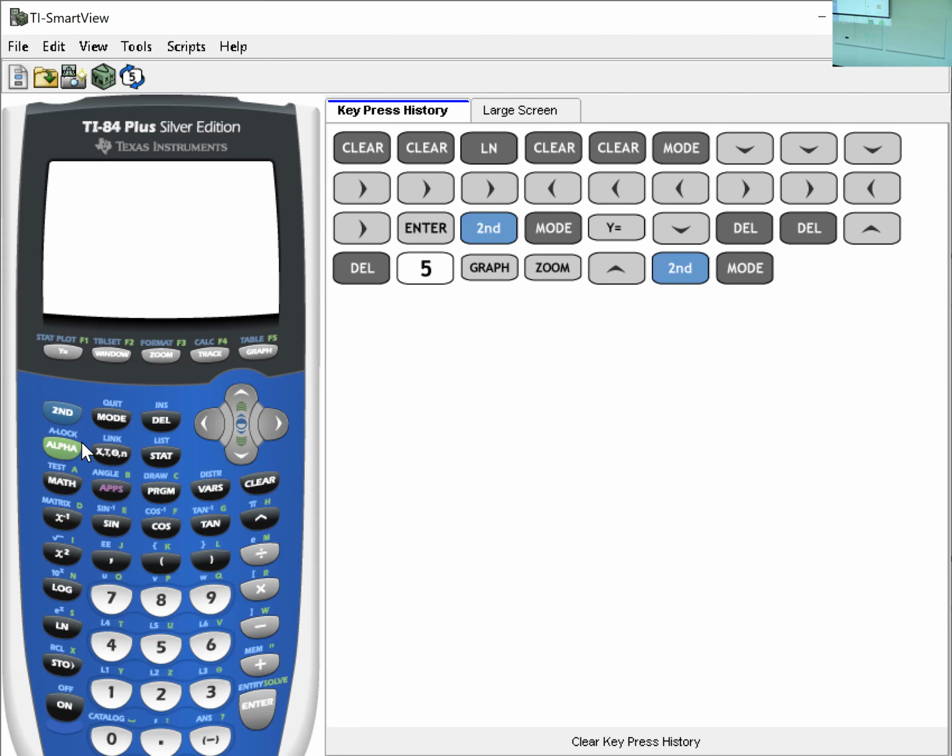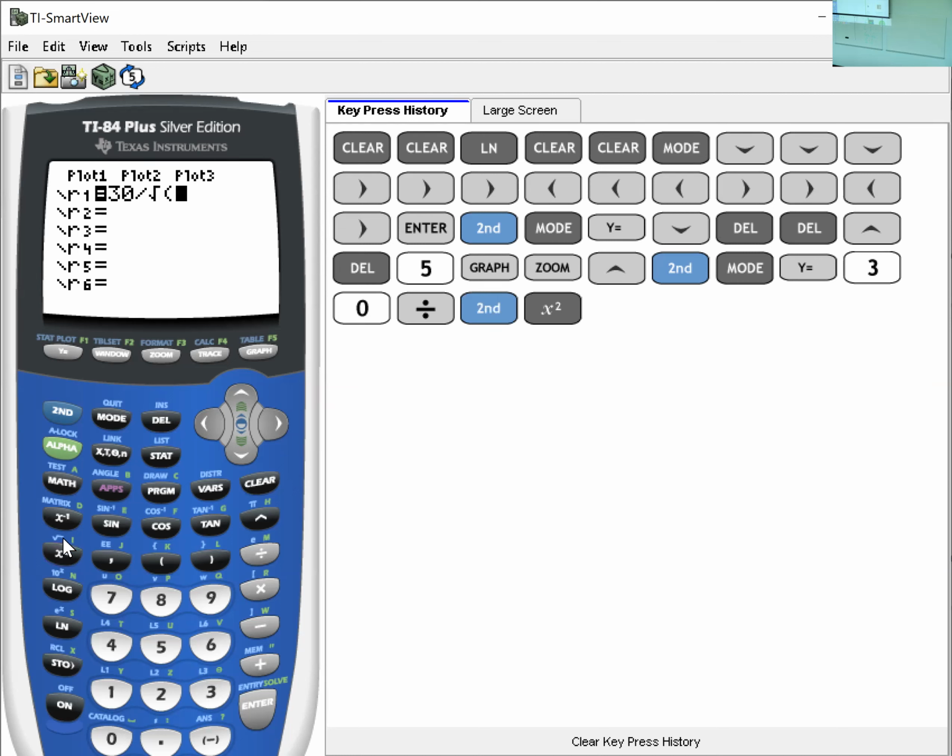This time, when I plug in, it's not y equals, rather r equals 30 divided by the square root of 9 plus 16 sine squared.